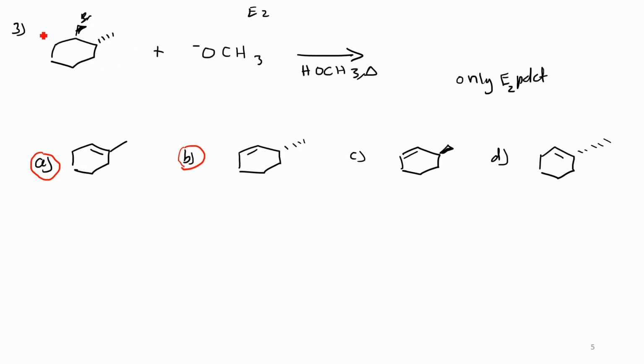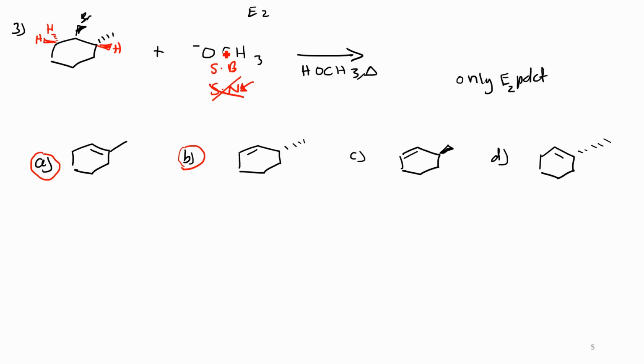So, process. Draw out your beta hydrogens. Next, identify that as a strong base because you're assuming E2. This is a strong base, strong nucleophile, but because again of the protic solvent, SN2 will fail, where this would have been a nucleophile.